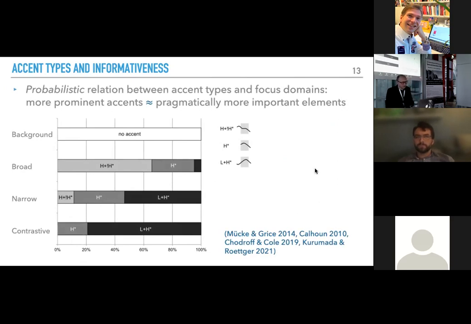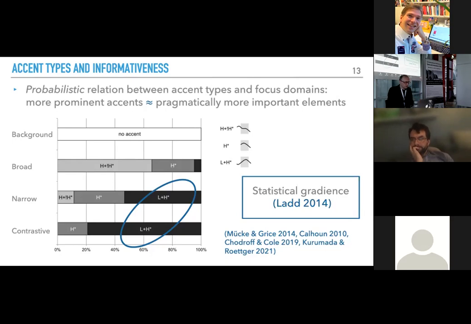There's, for example, a study by Mücke and Grice, 2014, and they found more downstepped accents in broad focus, as you can see here, the high plus downstep high star, and more rising accents in narrow and contrastive focus, which means more prominent accent types mark pragmatically more important or more narrowly focused elements, but not in a one-to-one, but rather in a many-to-many relation, so that we can call it at least some support, since the relation is far from being random, but rather weak support of the highlighting view.